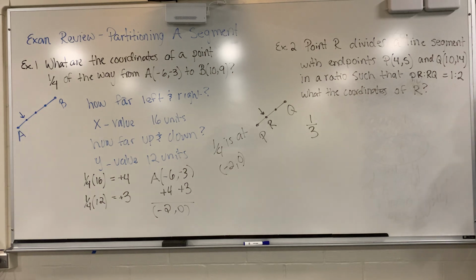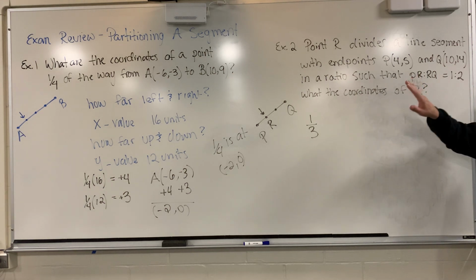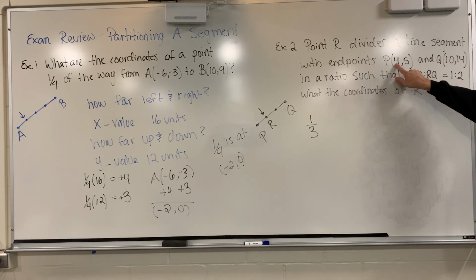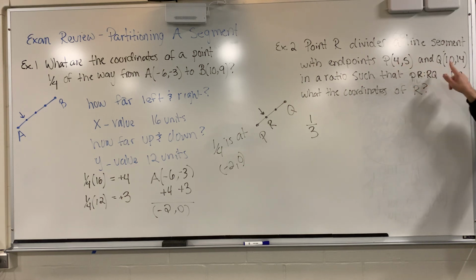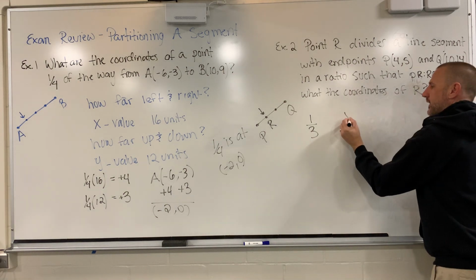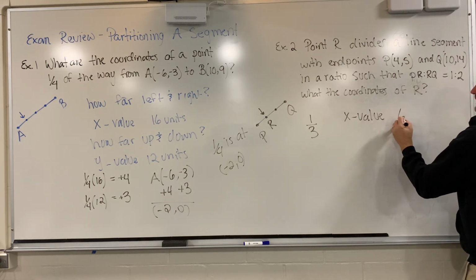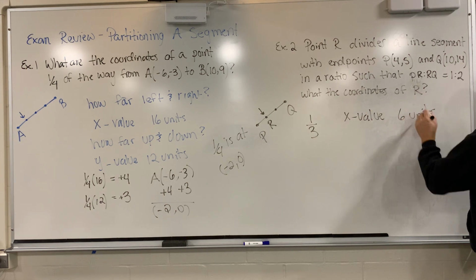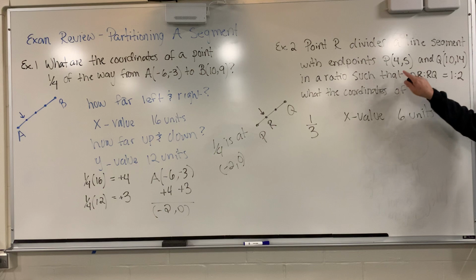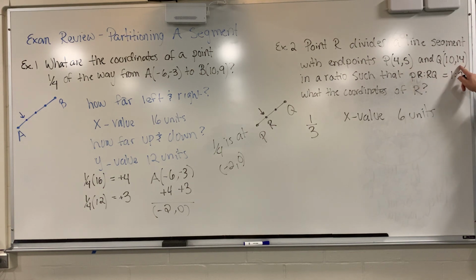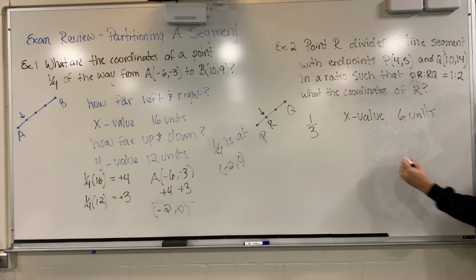So let's look at this again, making this quicker this time because now we know what we're doing. If P is at 4 and Q is at 10, that means I've traveled in this direction 6. So my X value is 6 units. My Y value, I traveled from 5 to 14, means I've traveled 9 units.